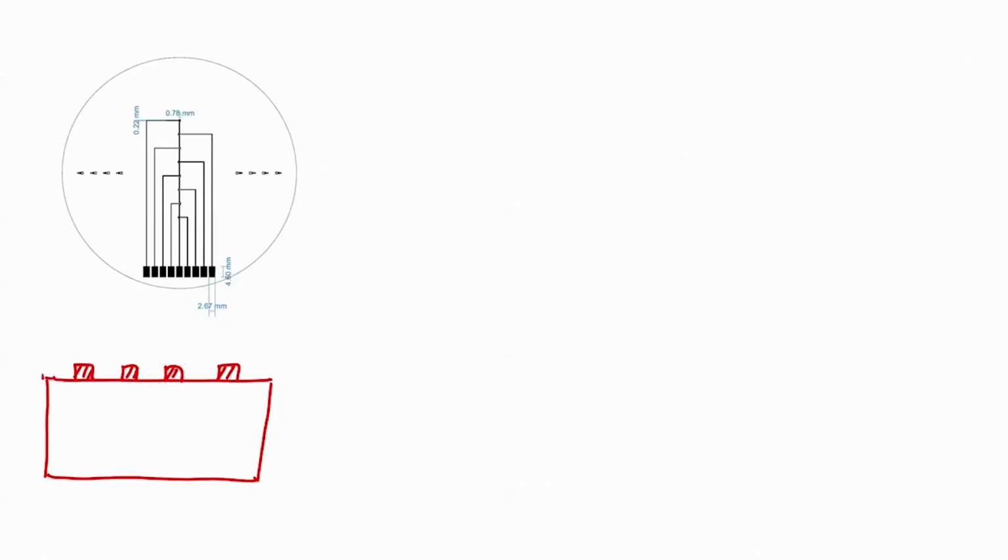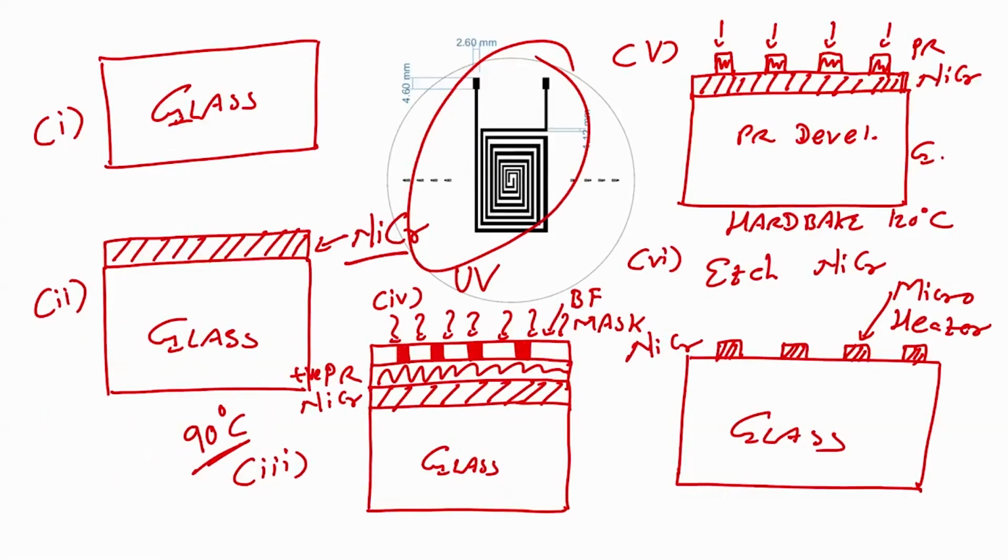My next step would be I will grow silicon dioxide onto this micro heater, correct, and I will perform photolithography to remove the silicon dioxide from the contact pads.